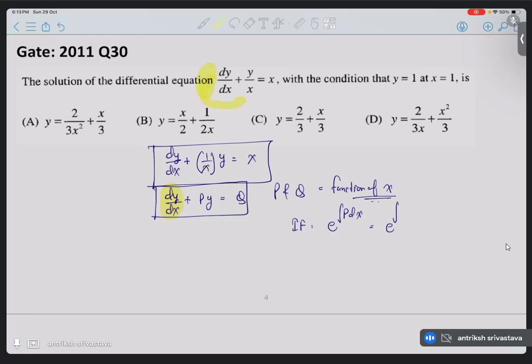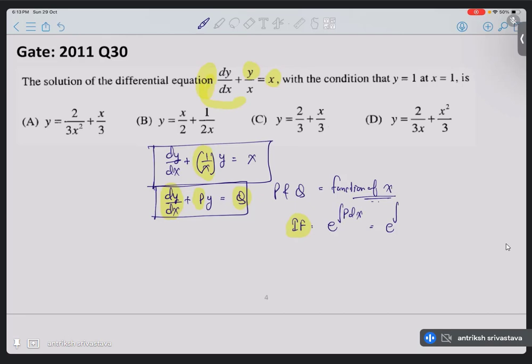Then you find the coefficient of y, whether a constant or a function of x, and keep that as P. Whatever is on the right hand side, you keep as Q.